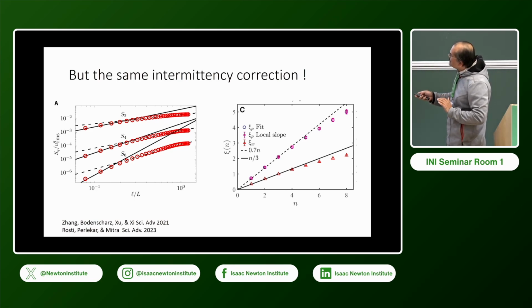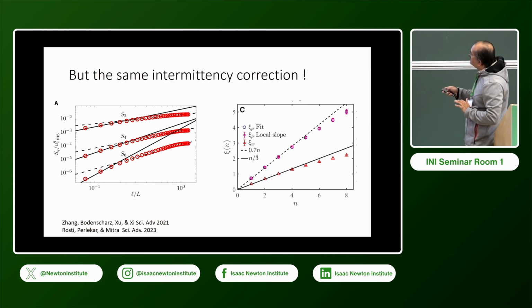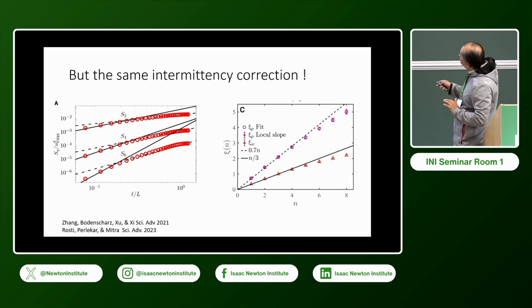Okay, so you can take the structure functions, and you can see that, for example, S2 at large length scale has one scaling, at small length scale has another scaling. So from there you can calculate the exponents of the structure functions. You can say one of them is this and the other one is that.